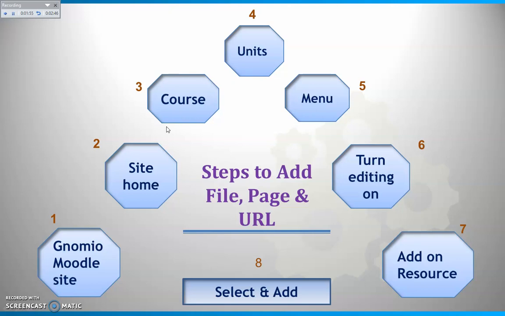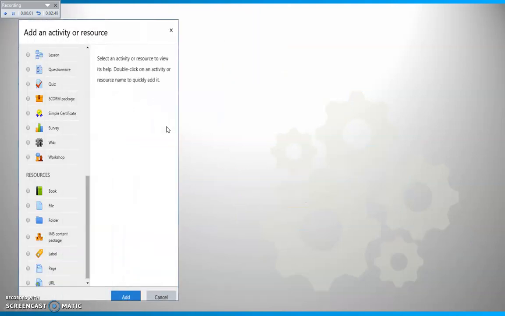Now let us see the window, a kind of prototype. When you enter the Moodle Genomio site, you can see this kind of window. After selecting file, page or URL, you have to click on the add button.